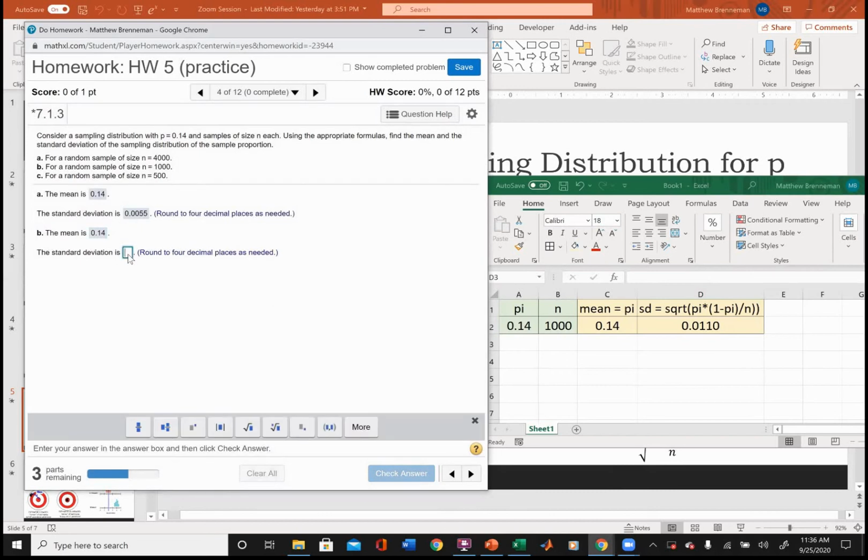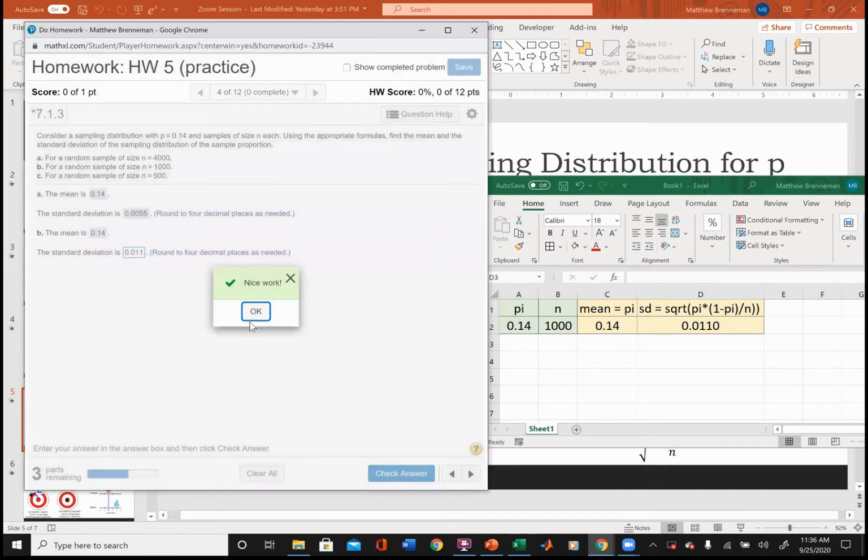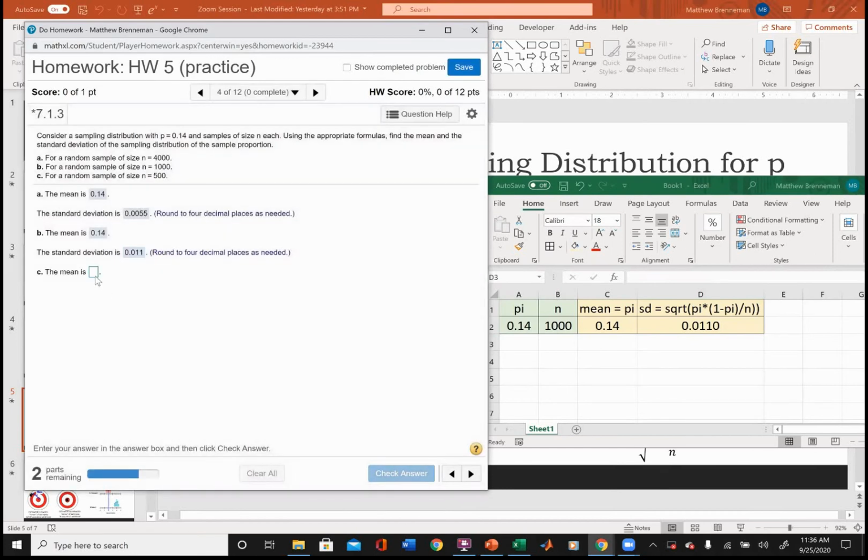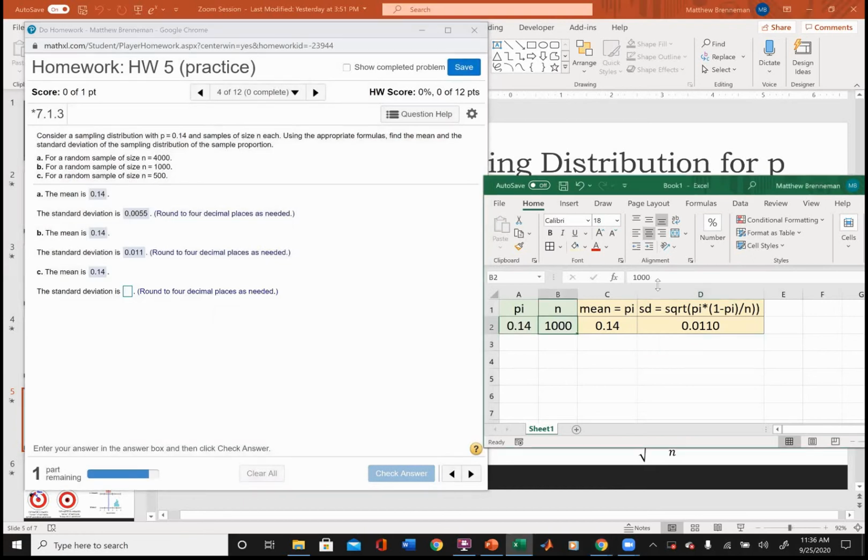And this is one of the few times we're ever going to use Excel, by the way. I don't expect you guys to know it. And you don't have to use Excel. You can do all of this in your calculator. This is not particularly hard calculations, just tedious, right? And last one. And now it's just like going downhill, right? Change 1,000 to 500. If you want to type things in, sometimes it's easier to go to the formula bar.